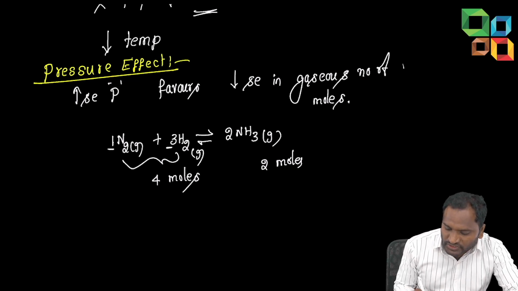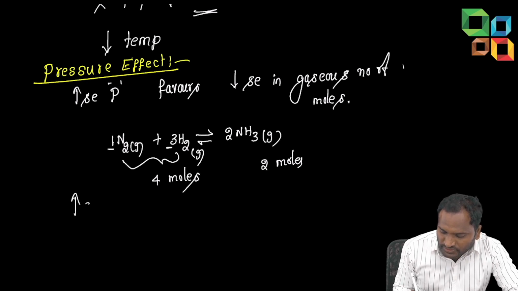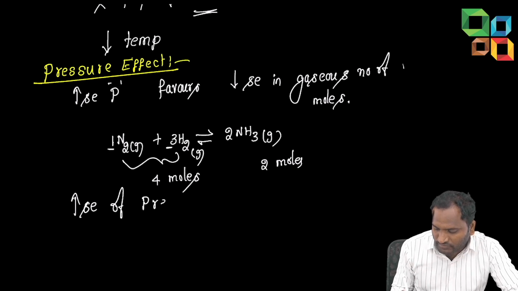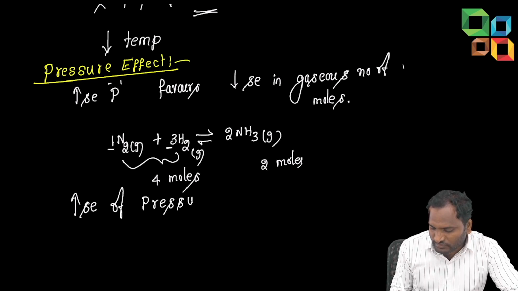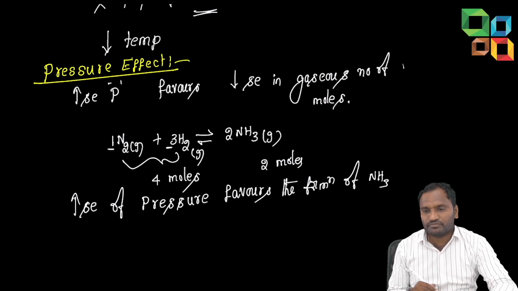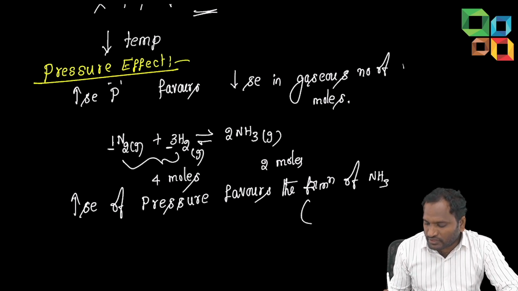Now for this system, if I increase the pressure, ammonia is favored, because here less number of moles are there.